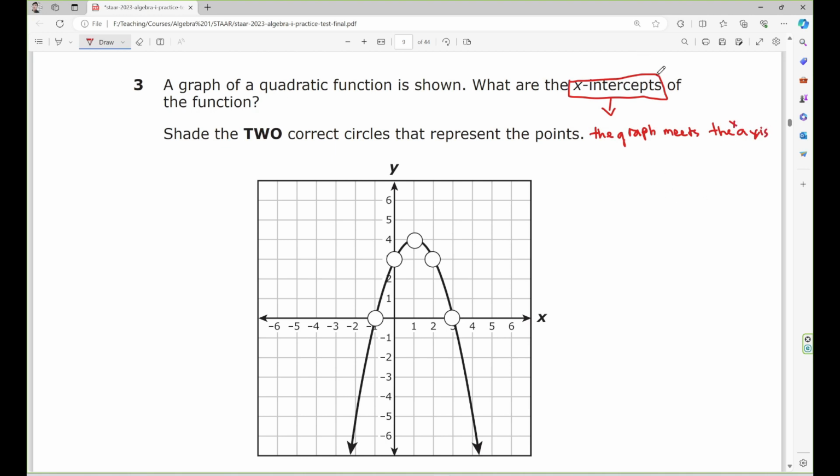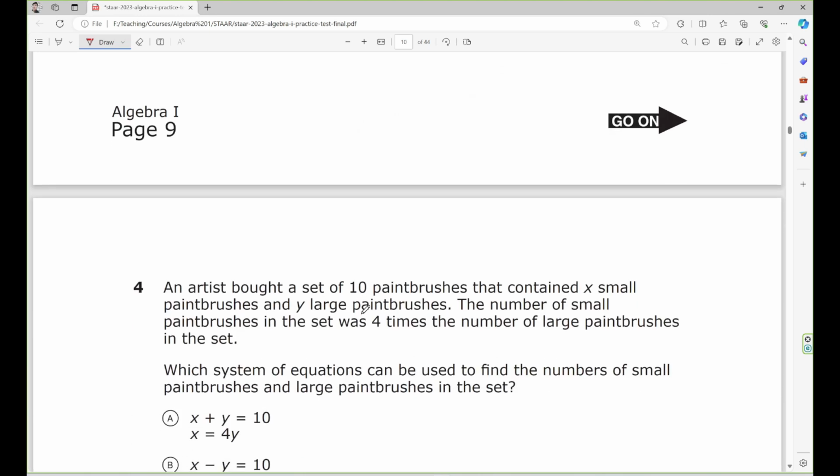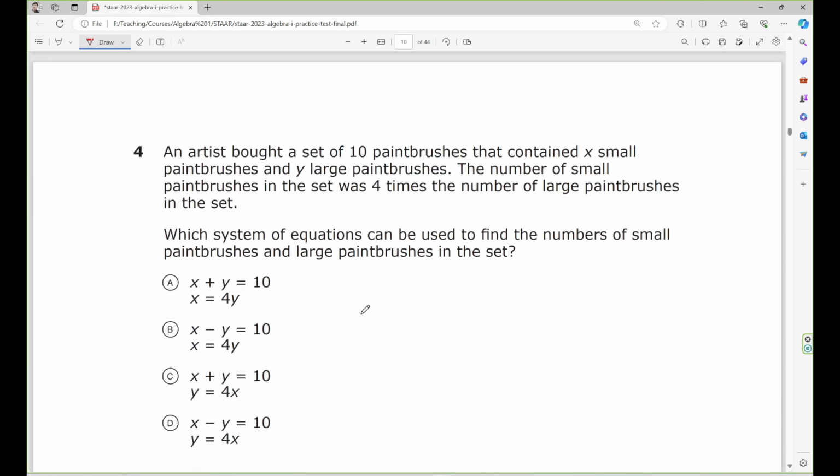Another name for x-intercepts is zeros of the function. You see that the graph meets the x-axis right here, at 1 and 2 right here. So the answer should be negative 1, and this should be 3. So that's it. Let's move on to number 4.